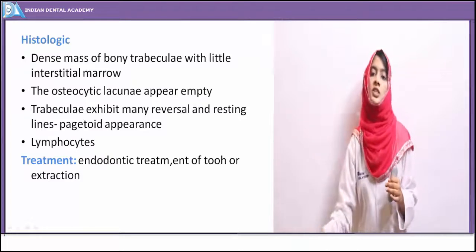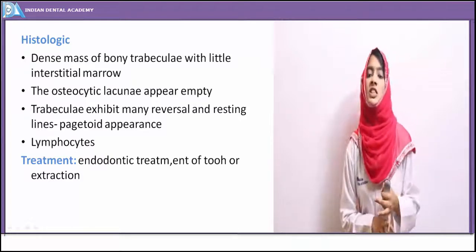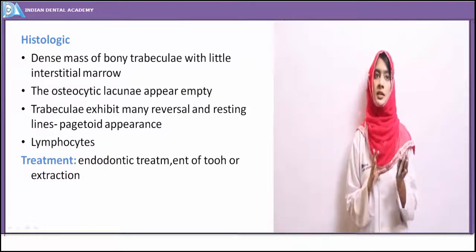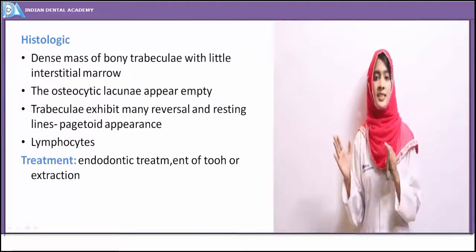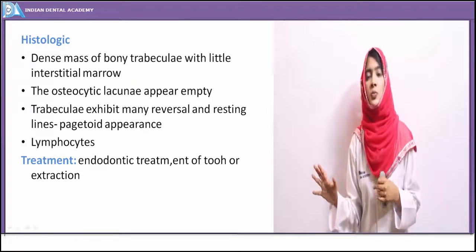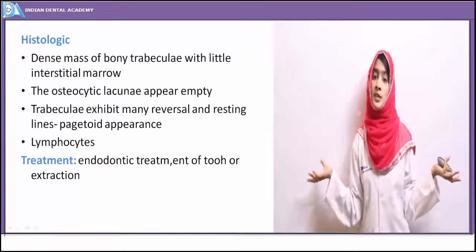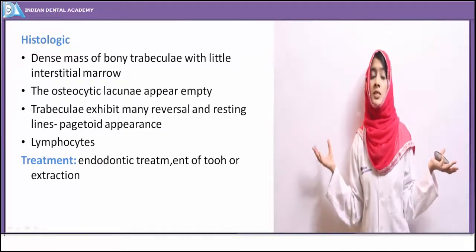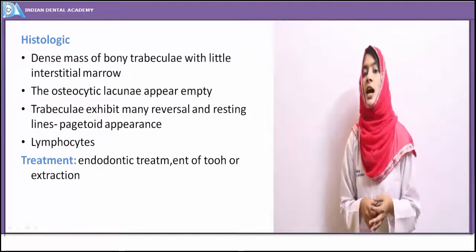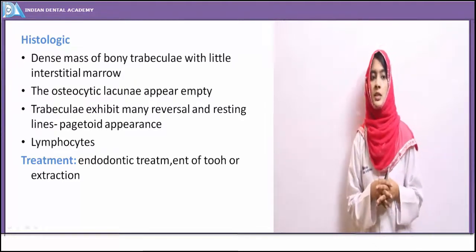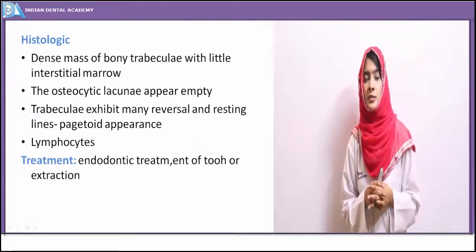That is, osteocyte deposition is present, osteoblast activation is present. Condensing osteitis is characteristically showing these reversal and resting lines, known as the pagetoid appearance of bone, also given the term cotton wool appearance. A few areas show deposition, a few areas show resorption. And lymphocytes are invariably present in the microscopic picture, showing the inflammatory process occurring.